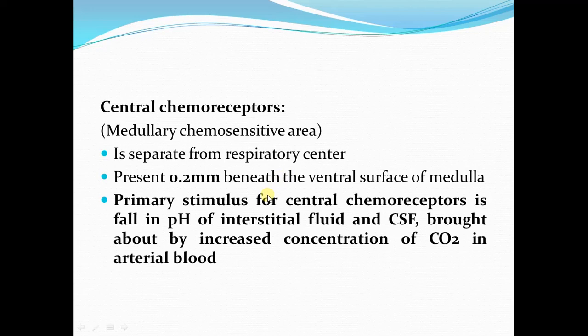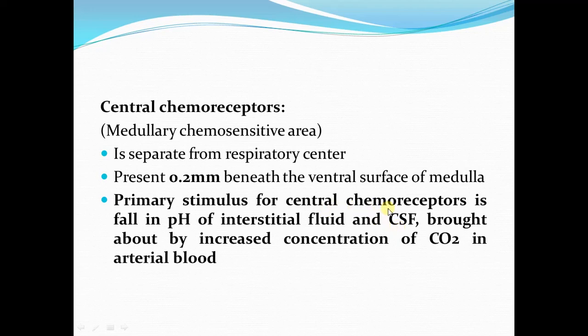Now what is the stimulus for the excitation of the central chemoreceptors? The primary stimulus for the activation of central chemoreceptors is a fall in the pH of interstitial fluid and CSF. You can also say that an increase in concentration of hydrogen ions in the interstitial fluid and the CSF is the primary, potent, direct stimulus for the central chemoreceptors.